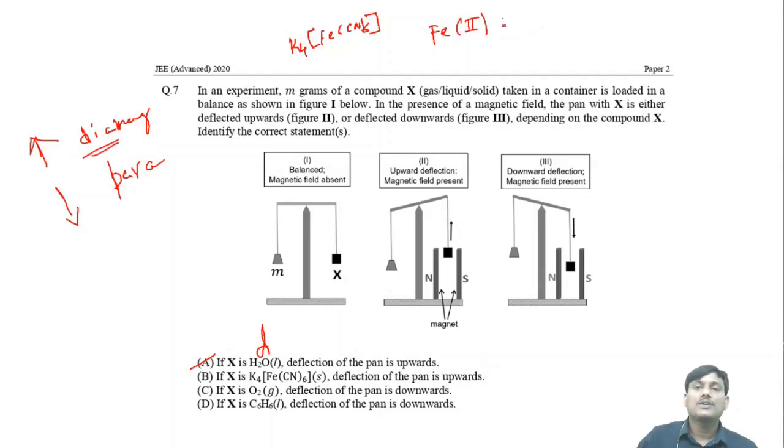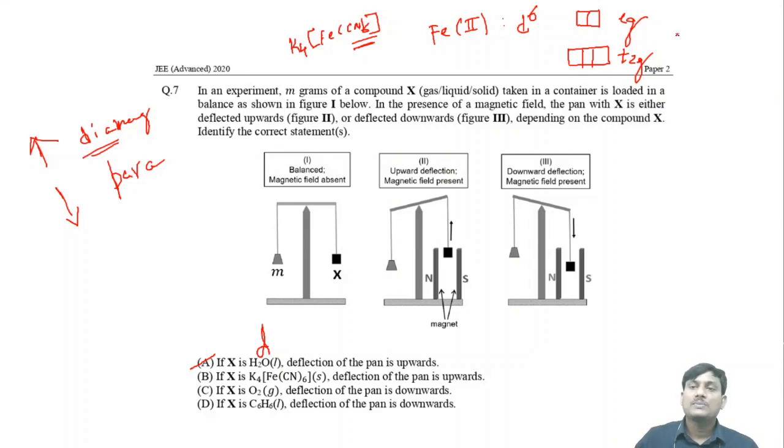Okay, what is the electronic configuration? The electronic configuration will be d6. So, since CN minus is a strong field ligand, here the electrons, if we take the octahedral splitting, will be like this. This is the t2g and these are the eg set of orbitals.